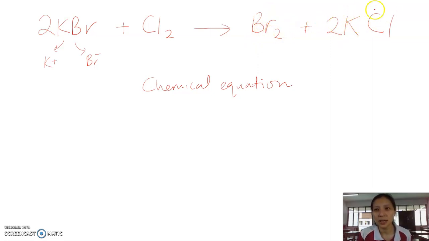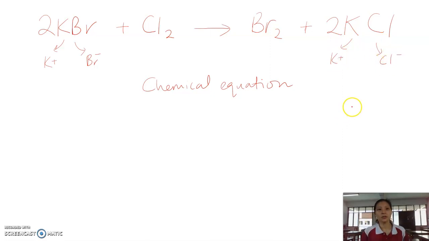Okay, now this one KCl. Don't worry about the number 2 that is in front, because the number 2 is just to balance the equation. So this one is potassium chloride. I know that potassium is a metal and chlorine is a non-metal, so I want to break it up into K+ and Cl-.